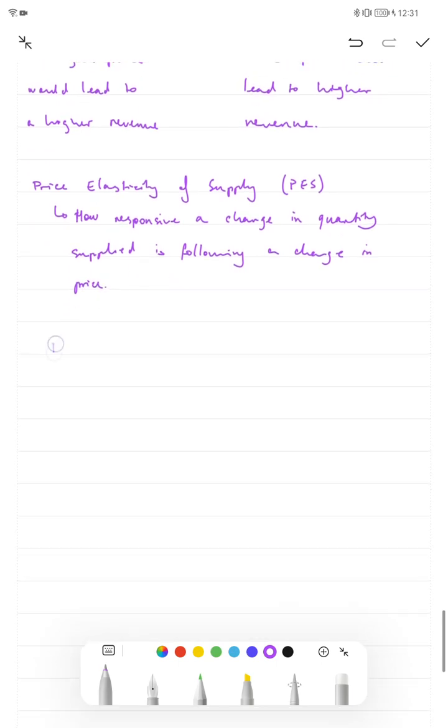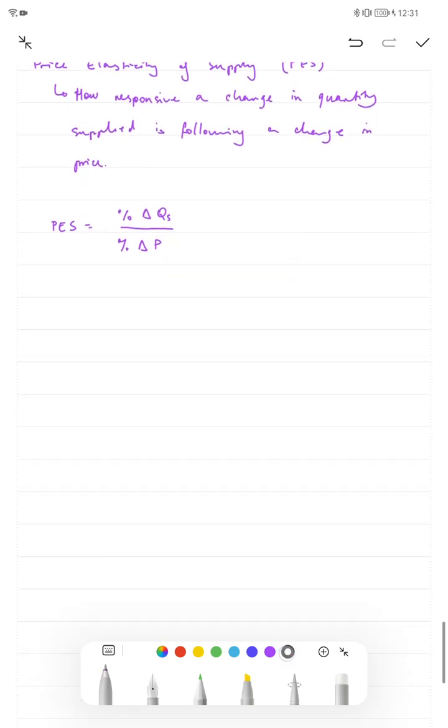And again, we have a formula. PES is equal to the percentage change in quantity supplied over the percentage change in price. And this again tells you how steep the supply curve is.